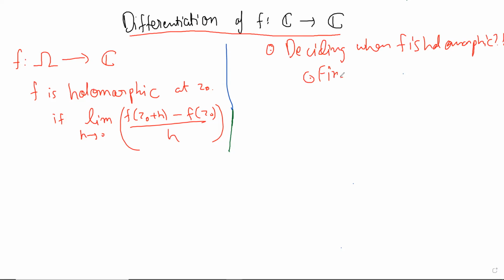Well, it turns out finding the derivative is in fact easier once you know the derivative exists, because then the usual rules of differentiability fortunately apply. So finding is easy, but we need to decide whether it's holomorphic or not, and that is really the goal. And for that we'll have to look at something simpler.